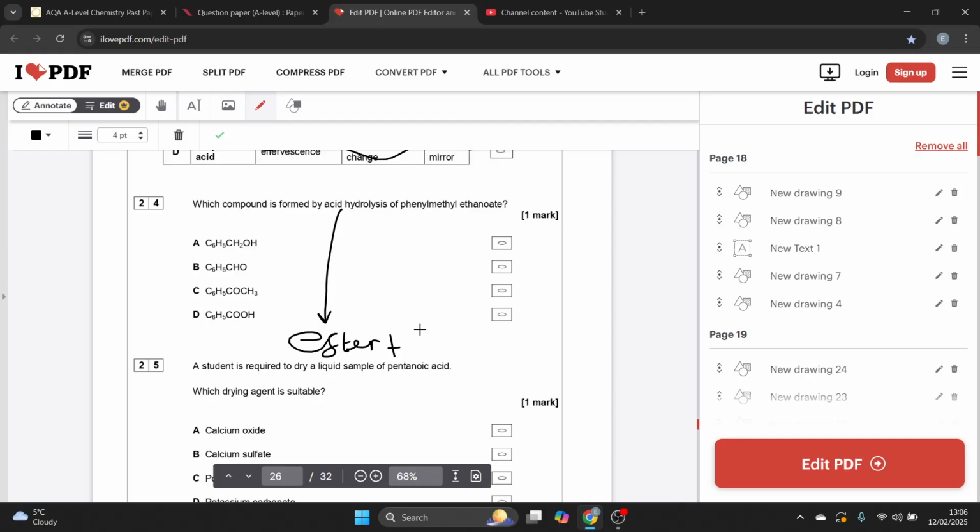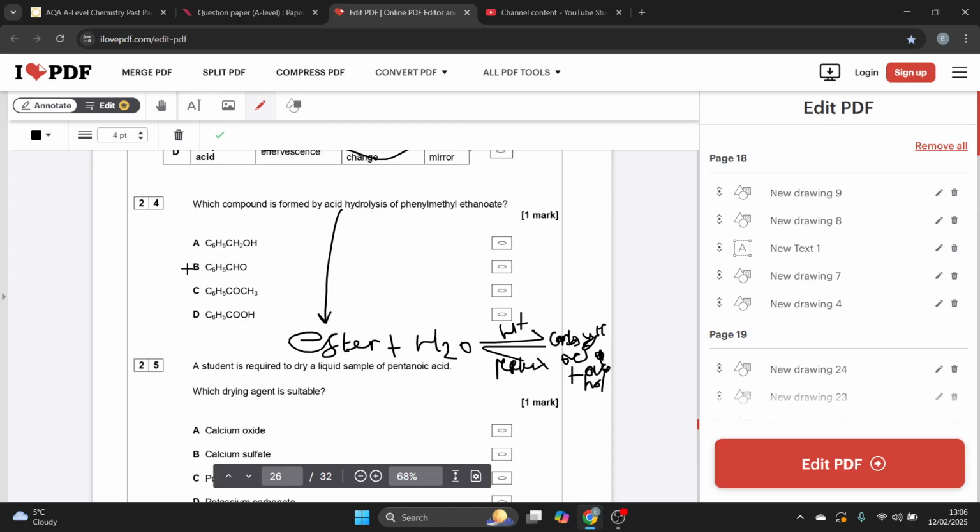Yeah, exactly what I thought would happen, plus H2O, we add water, H+, reflux, but what's most important is what we form. We form a carboxylic acid plus alcohol.